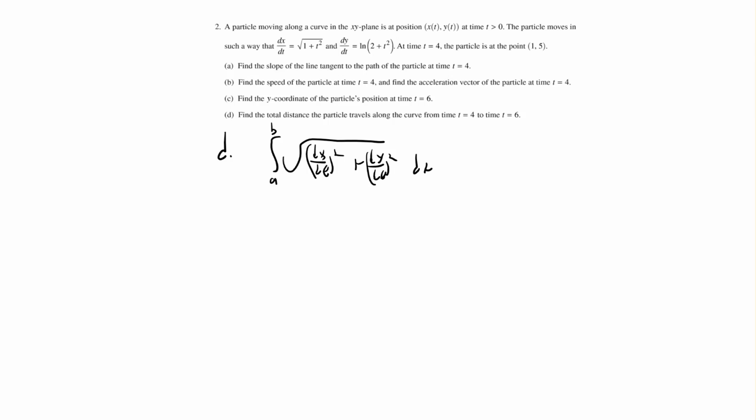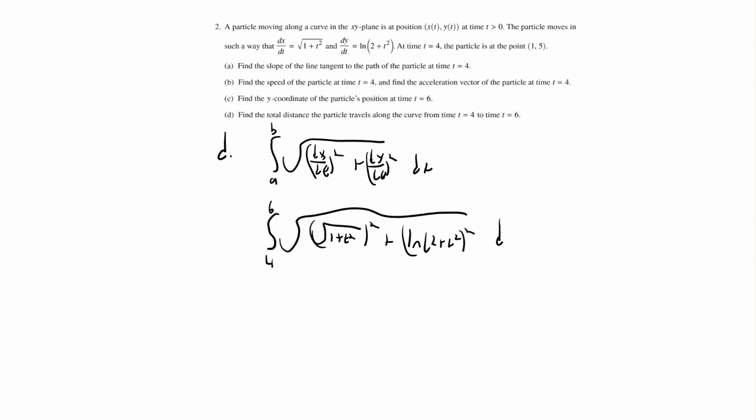And for this particular problem, it is the integral from 4 to 6 of the square root of (square root of 1 plus t squared) squared plus (ln of 2 plus t squared) squared dt, and this comes out to be 12.163. And this problem did not give any units, so none of my answers had units in them.